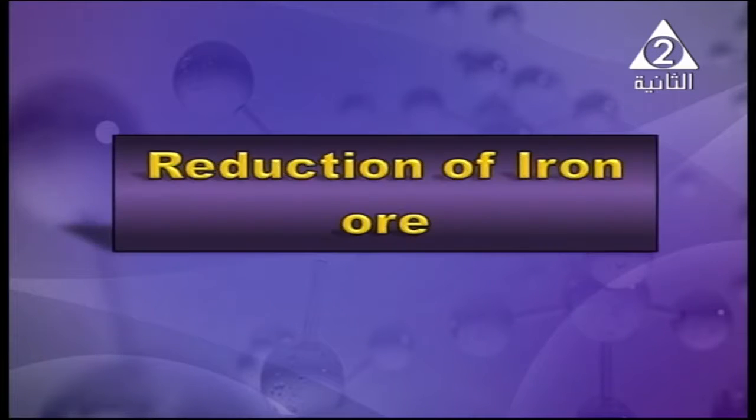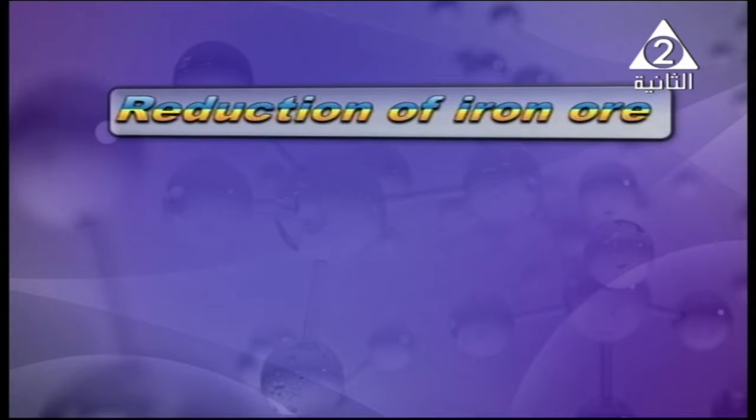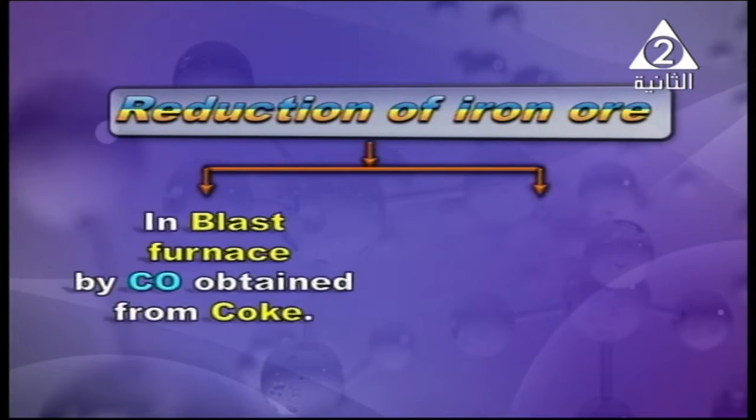Now we are going to discuss the second stage for the extraction of iron, which is the reduction of iron ore. The reduction of iron ore occurs in two types of furnaces.